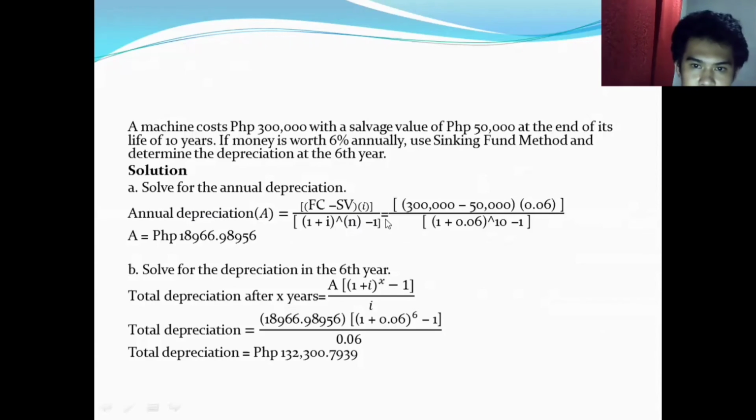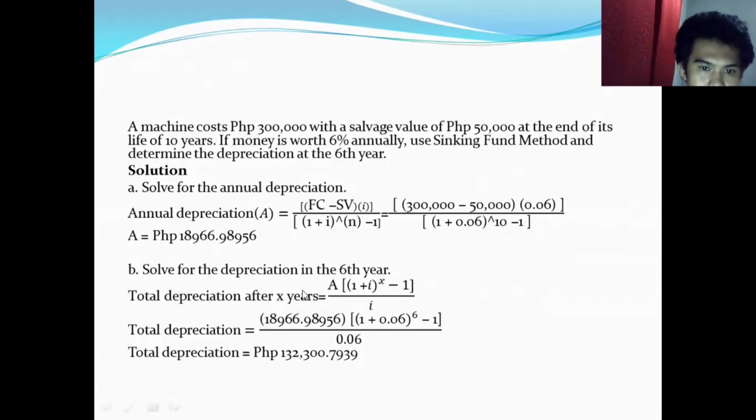So, it equals 300,000 minus 50,000 times 0.06 over 1 plus 0.06 raised to 10 minus 1. So, the answer is 18,966.98956.